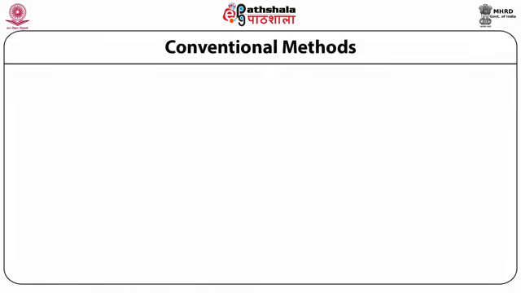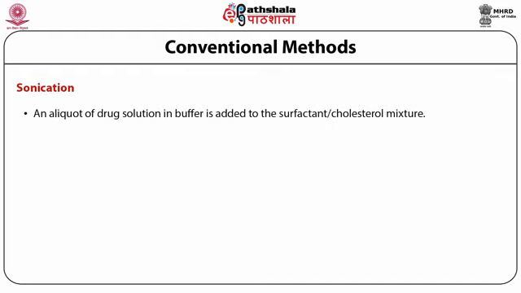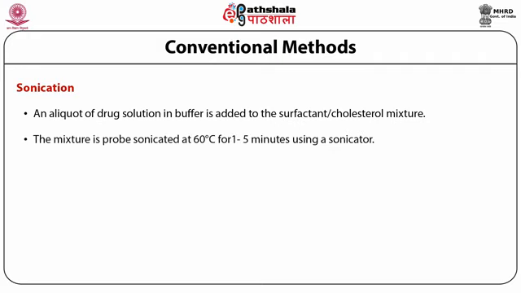Conventional methods. Sonication. Here, an aliquot of drug solution in buffer is added to the surfactant cholesterol mixture. The mixture is probe sonicated at 60 degrees centigrade for 1 to 5 minutes using a sonicator. The longer sonication leads to smaller particle size.